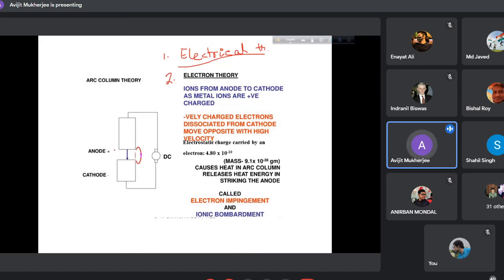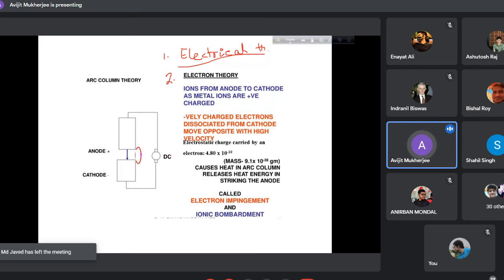One is the anode, the positively charged terminal, and the other is the cathode. Either the work may be connected with positive or with negative, I don't know; for the time being, forget it. But we have the work, that is the job, and we have electrodes. So two terminals, and either of them will be connected with positive or negative.